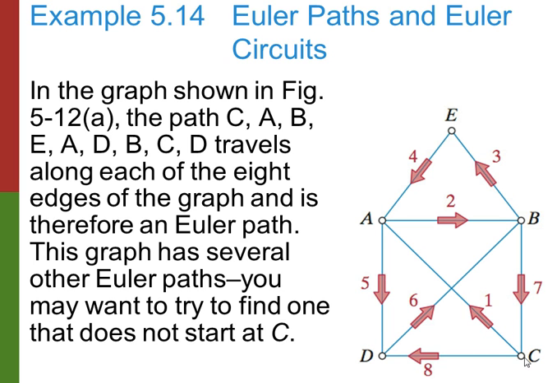Now I started at C, I ended up at D. I had an Euler path. So if I started at D, I could probably have an Euler path. If I started at B or A, could I get an Euler path if I start at B?